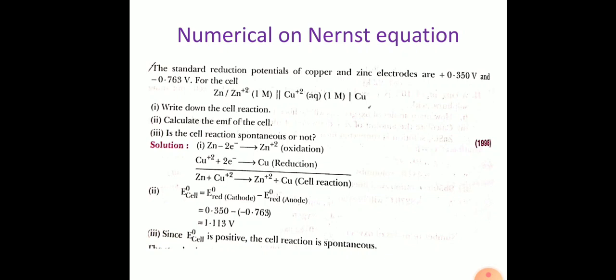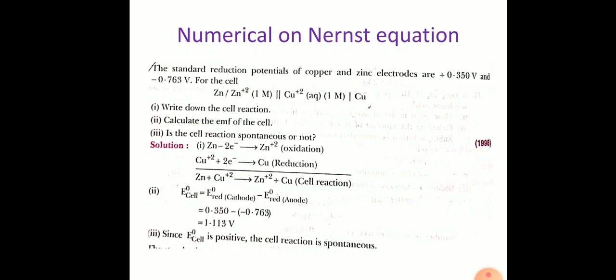Oxidation means loss of electrons. So from Zn to Zn2 plus there is a loss of 2 electrons: Zn minus 2 electrons gives Zn2 plus, that is oxidation. On the right hand side we have copper ion converting into copper. The copper ion gains 2 electrons and gives copper, that is the reduction.